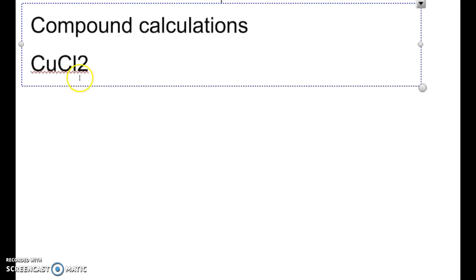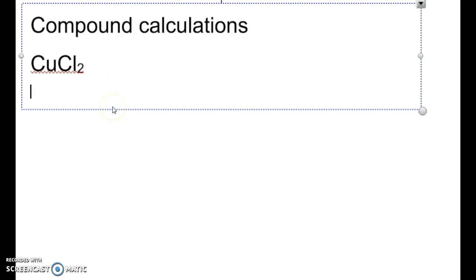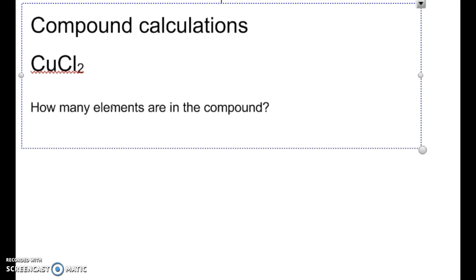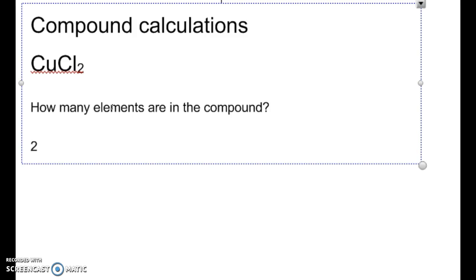CuCl2. I'm going to lowercase this 2 because this is what we call a subscript, and subscripts are down below. If I asked you how many elements are in the compound, then you're going to tell me that there are two. Every time you have a capital letter, that's another element.